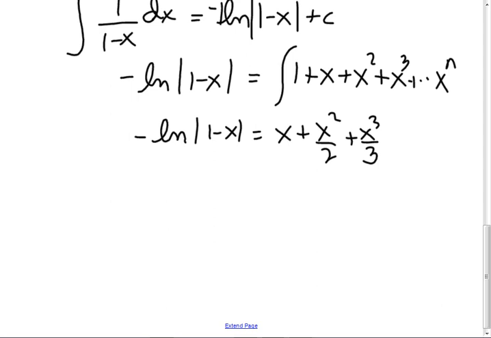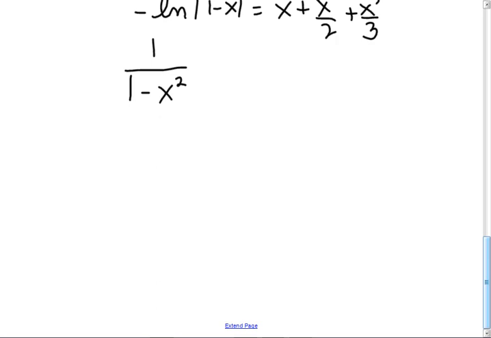What if we had 1 over 1 minus x squared? Okay, guys? You're going to see these. You know where you're going to see them mostly will be in the multiple choice. We know this one.